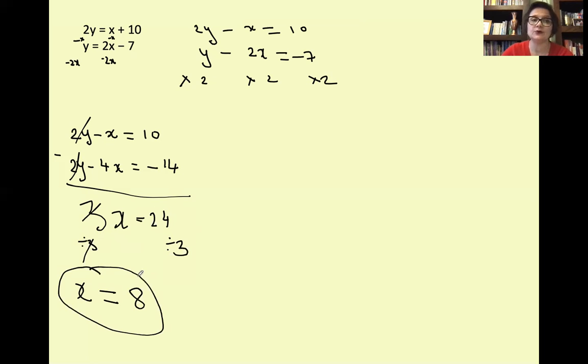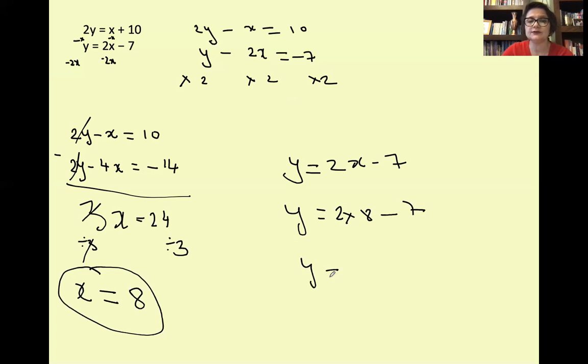Let's find the value of y. I'm going to use the second equation of the original equations because it has smaller numbers, right? y equals 2x minus 7. I substitute the x, y equals 2 times 8 minus 7. 2 times 8 is 16. 16 take away 7, the answer is going to be 9.